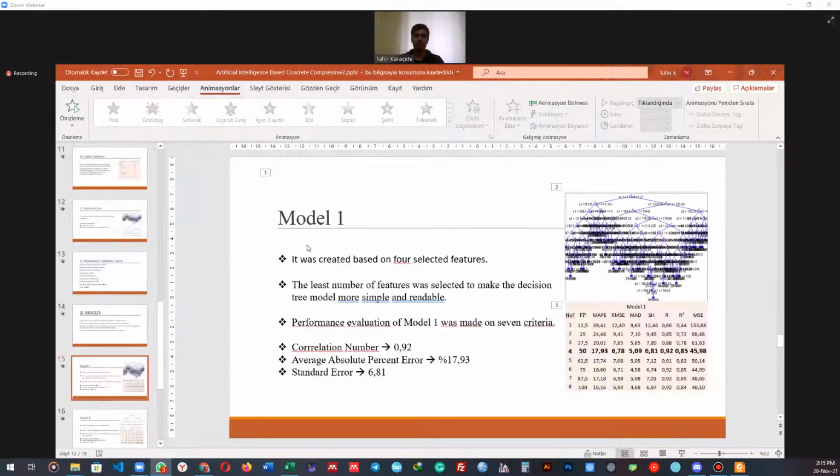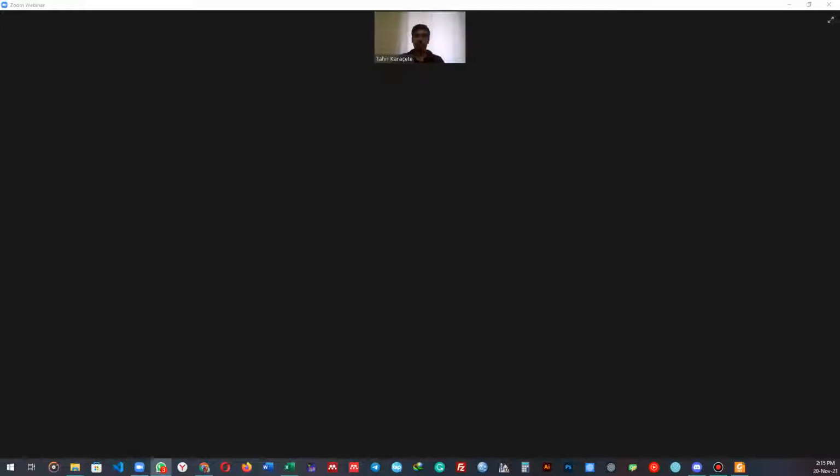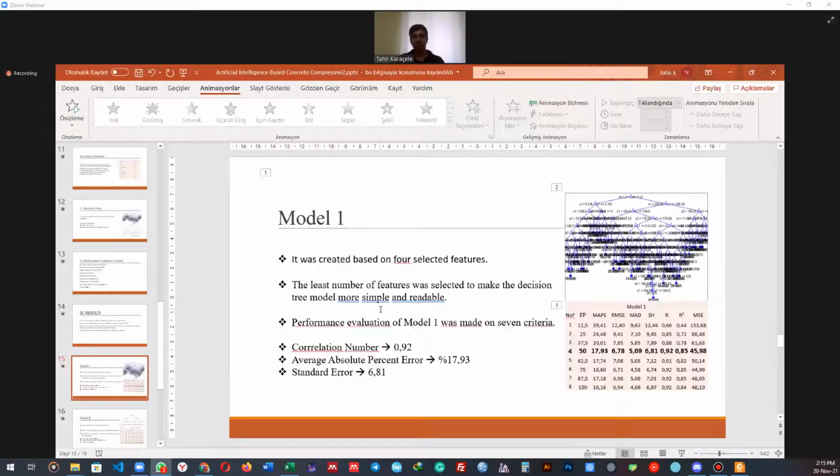Model 1 was created based on the first selected features. You can see here a number of features for feature percent 50%, and the last number of the features was selected to make the decision tree model more simple and readable.